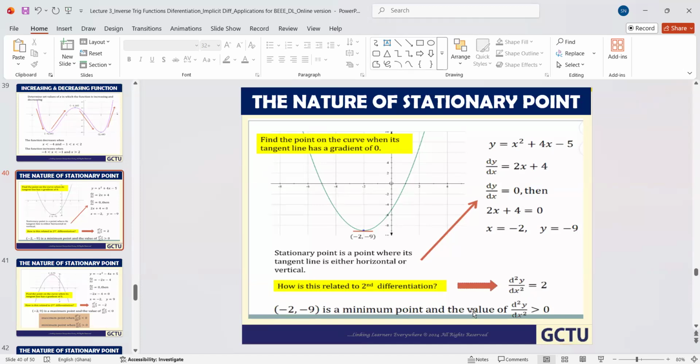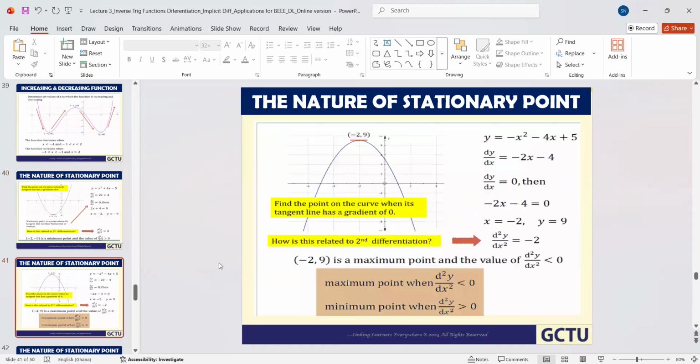Now, this 2 means that (-2, -9) is the minimum point, and the value of the second differential is greater than 0. So when they ask you to find the nature of a turning point, all you are supposed to do is differentiate twice. When you differentiate twice, the second differential should be either a positive or a negative value. So it is turning at (-2, -9), but the nature of that turning point is positive. It means that it is greater than 0 because you got 2.